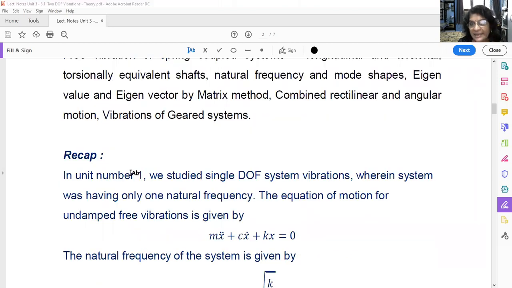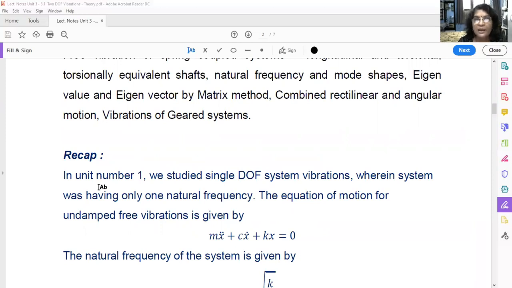Now, before starting this 2D wave system, let us look at the recap. What we have learned in unit number 1 and 2. In unit number 1, we have learned single D wave system, undamped and damped vibrations. And in unit number 2, we have learned forced damped vibrations. So this unit number 3, that is 2D wave system, has very much relevance with unit number 1.